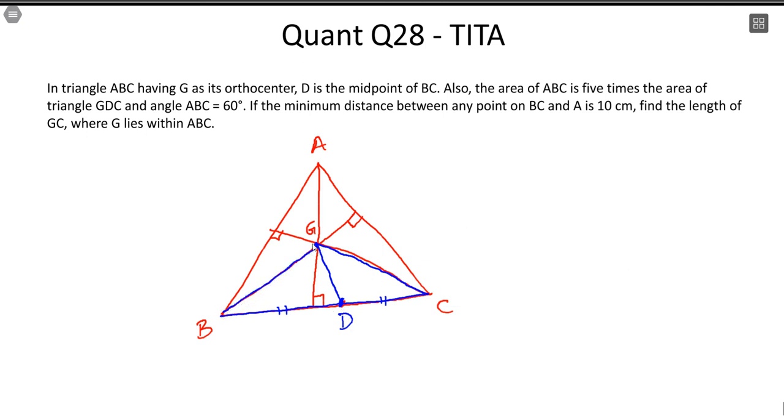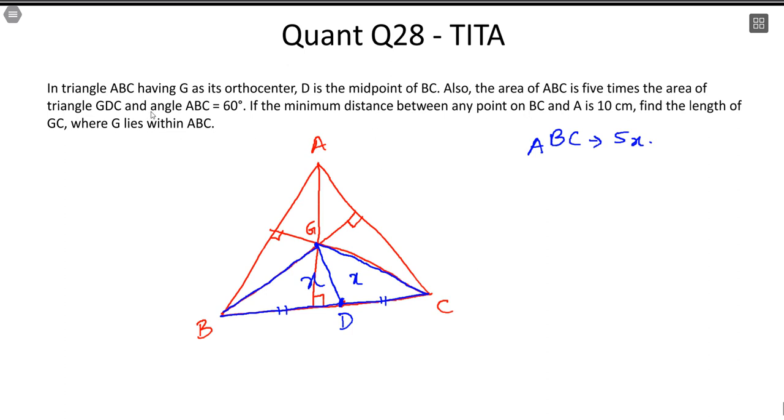Area of GDC and GDB has to be equal. So if this is 1/5 of total, if this is X, this is X, ABC is 5X. GBD is also X, GDC is also X, because bases are equal, height is same, area has to be equal.